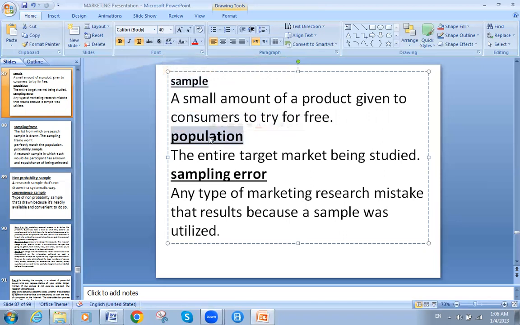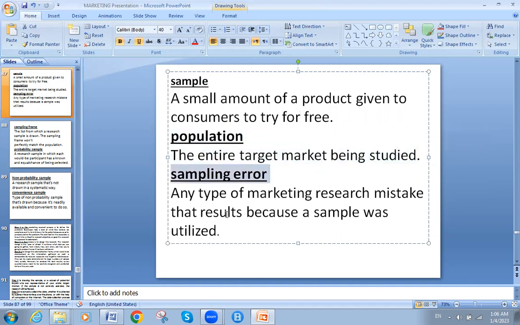The population is the whole community from which you have to choose the sample, so that the characteristics of the sample reflect the characteristics of the whole population. It is the entire target market being studied.